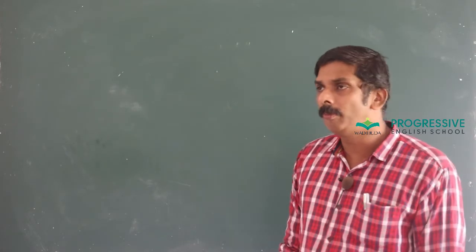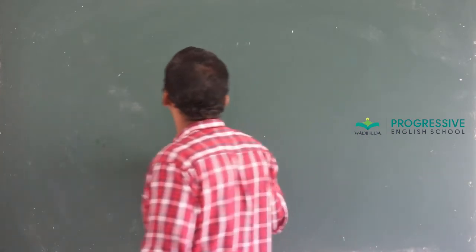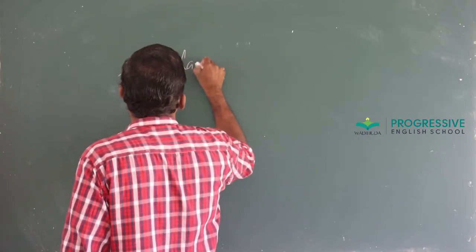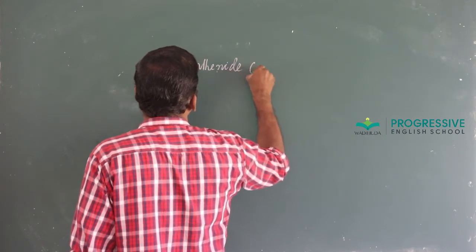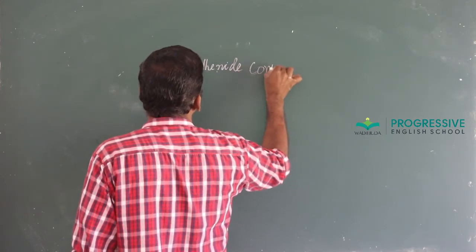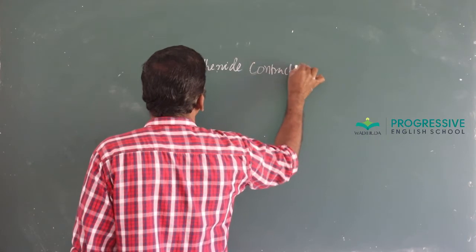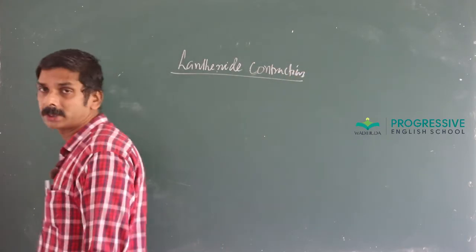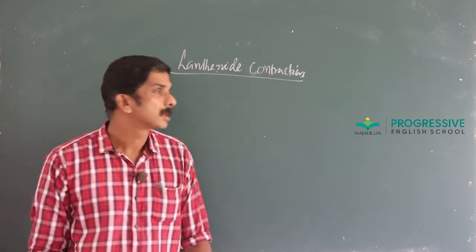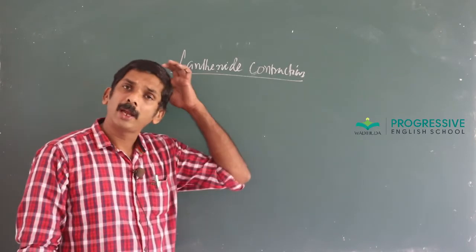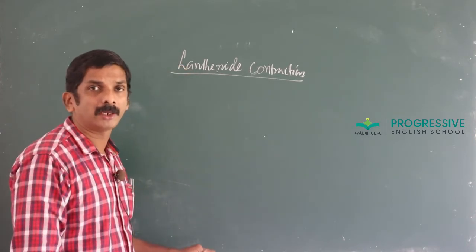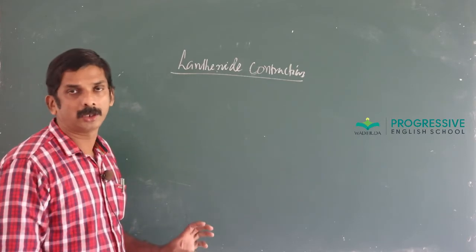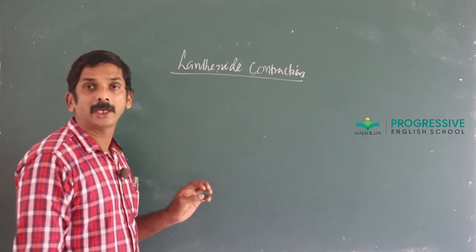And there is an important area that is called lanthanide contraction. Before that, you should have an idea about the coinage metals: copper, silver, gold. They are called coinage metals.